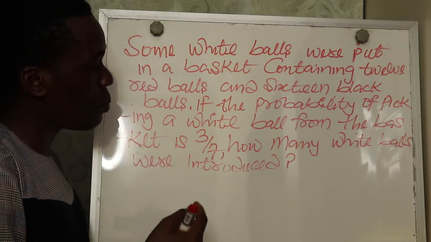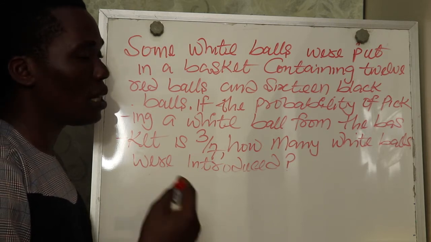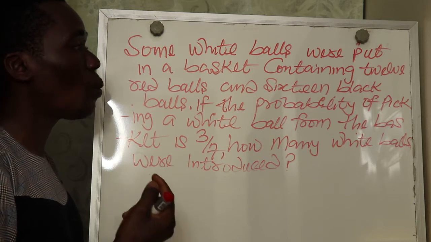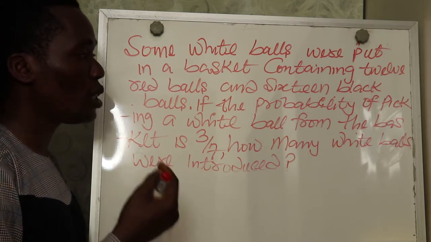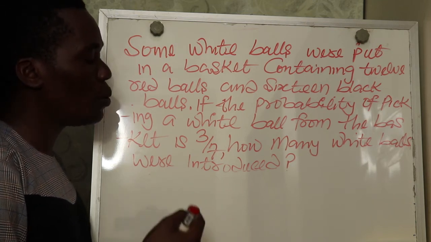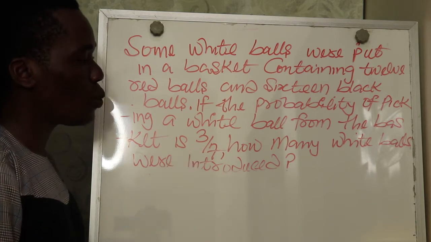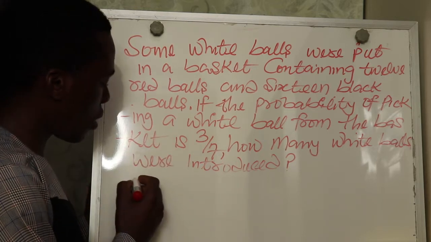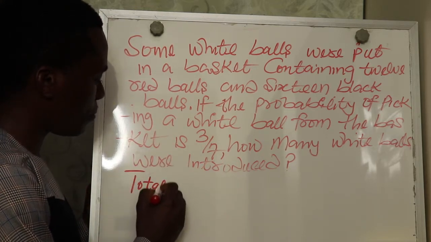Now, we are going to see the total probable outcome and the total outcome. Remember, our main concentration is on the white ball because we don't know the amount of white balls that were introduced into the basket, but all we know is the probability of picking a white ball.